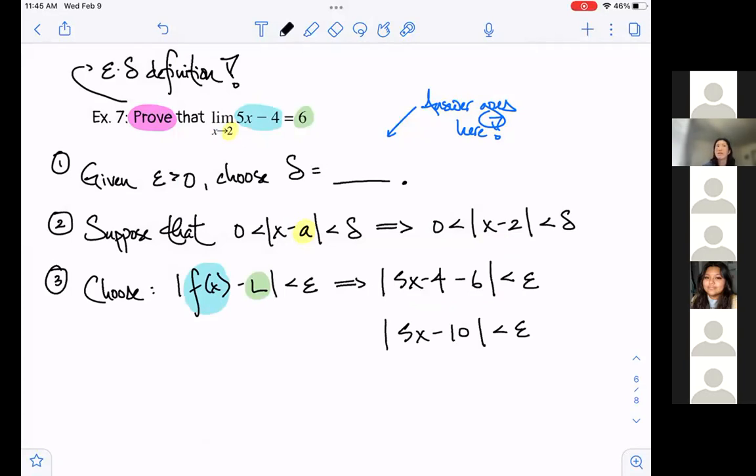What's the greatest common factor for 5x minus 10? Great. We're going to factor out that 5, and then what's left? x minus 2. Like that? It is exactly like that.